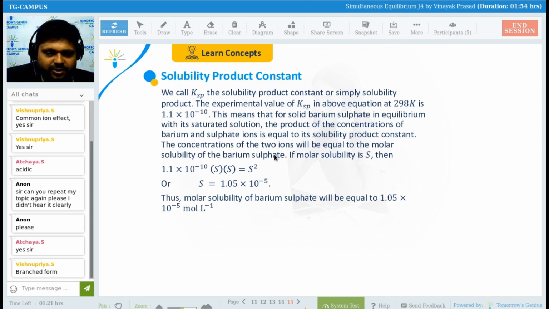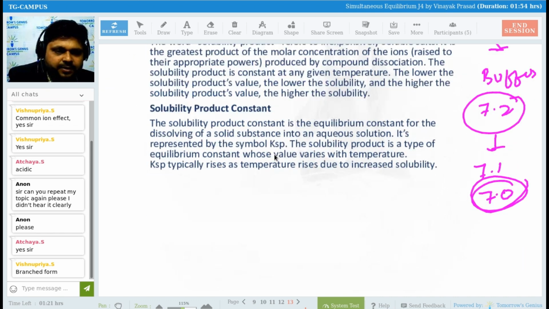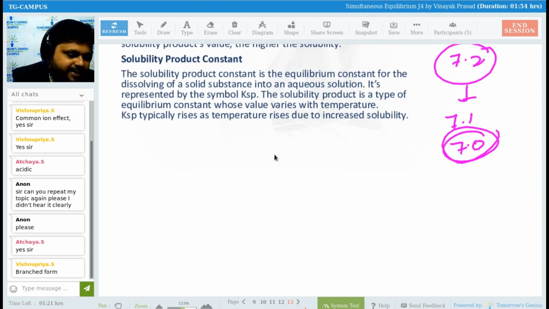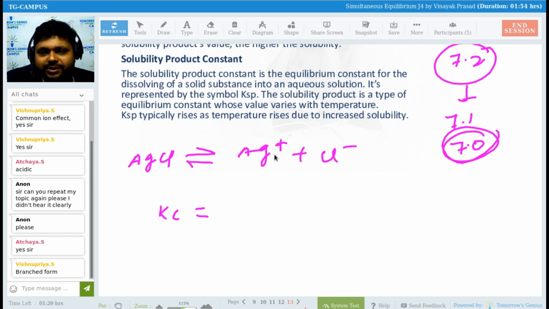First, suppose we have a reaction: AgCl, at equilibrium, gives Ag plus and Cl minus. If we have to find Kc for this reaction, who will tell me what it will be?